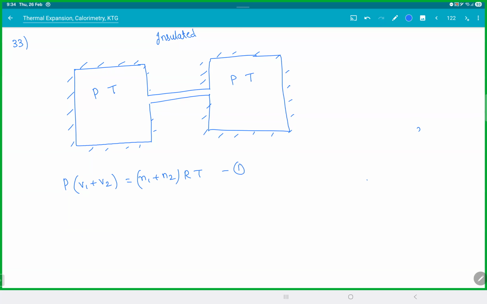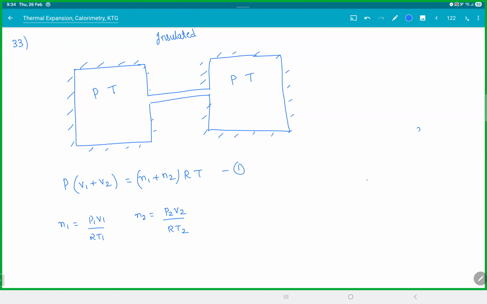This is your equation 1, comes from ideal gas equation. What is the number of moles? N1 is P1 V1 by RT1. What is N2? P2 V2 by RT2. Make sense? That's your initial number of moles.